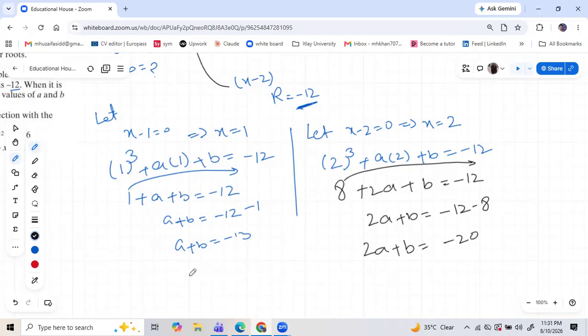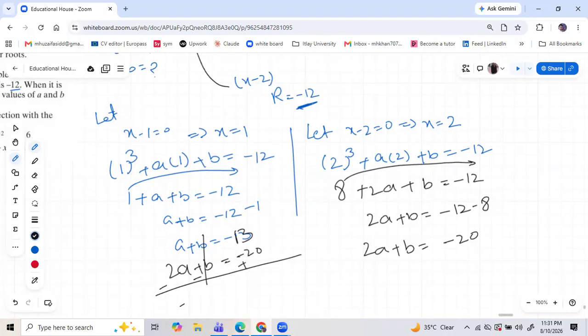Now if we solve by the simultaneous way, this is 2a plus b is equal to minus 20, and this is minus 13. If we subtract, this is minus, this is minus, this is plus, so this can be cancelled.